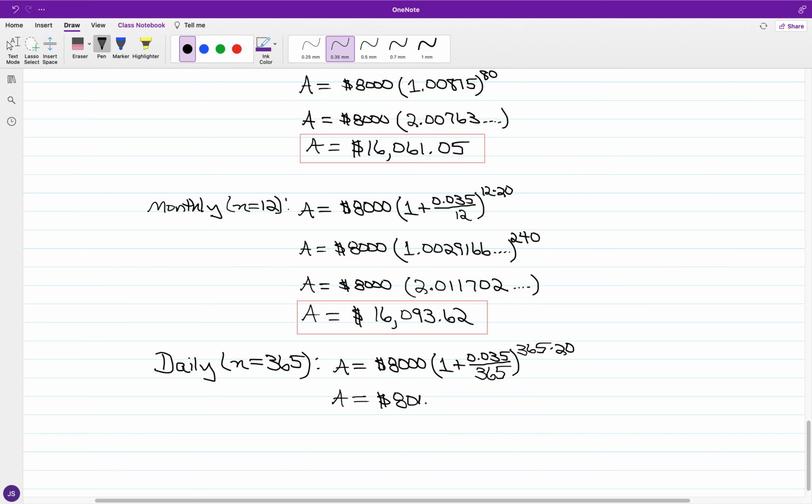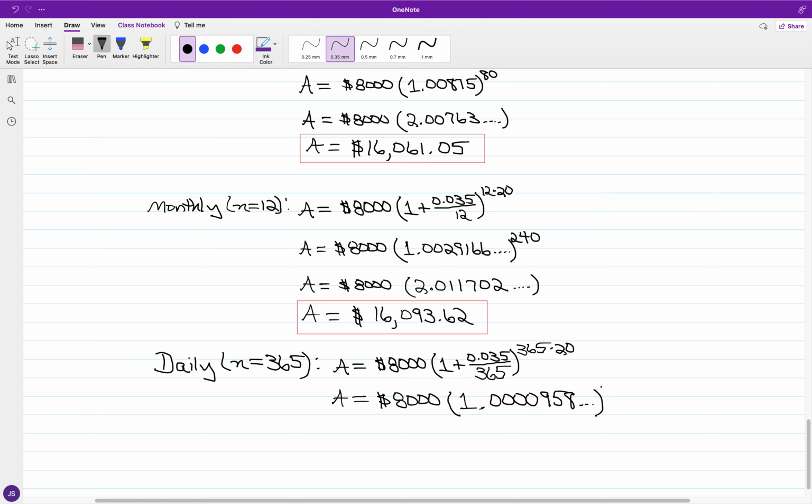Looking at what we have with the decimal, you have 0.035 over 365. If you add to 1, then after the leading 1, you have like 4 zeros, and then 9589.